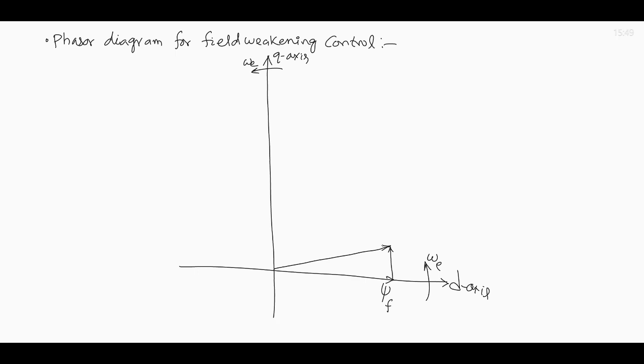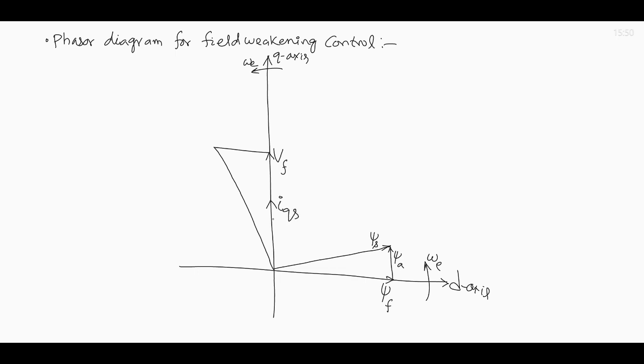So, constant flux operation, there is no demagnetizing stator current. So, psi s is psi f plus psi a, and further along the q axis we have the V f, that is at right angle to psi f, and also the current I q s.